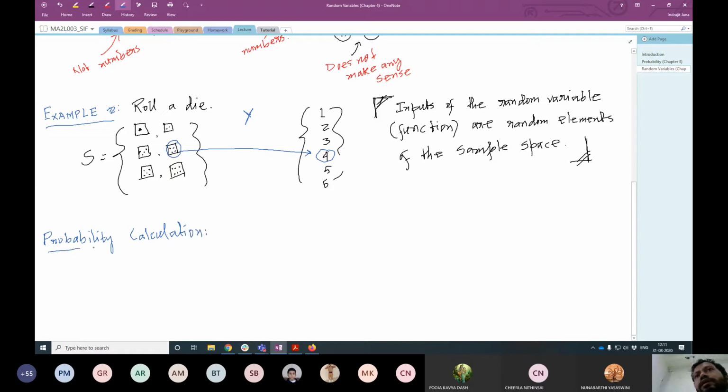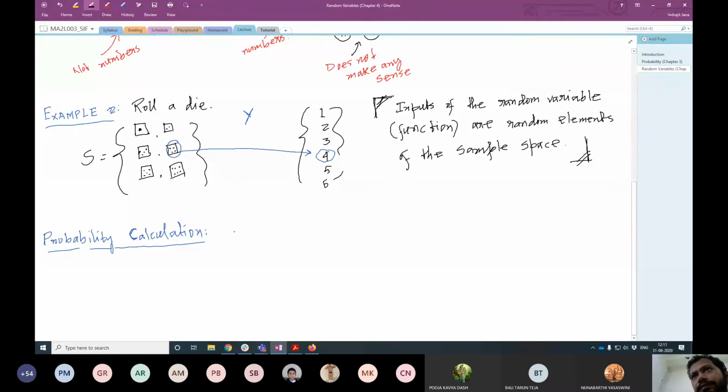Okay. So you can do any probability calculations that you have been doing on any event, probability of any event. All of these questions can be translated into questions about random variables. So that is the first example.